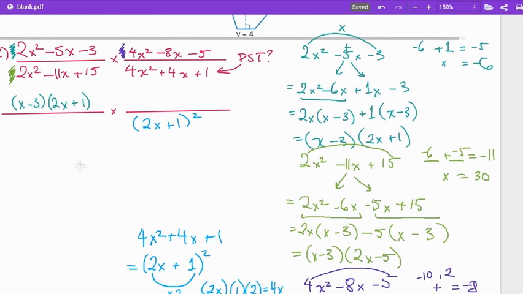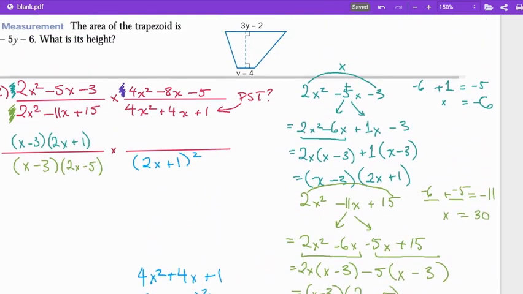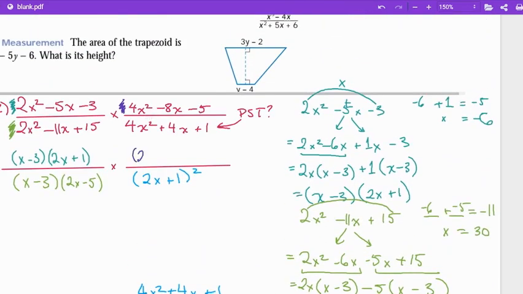Okay, the green is going to be x minus 3, 2x minus 5. And then this term gets us to 2x minus 5, 2x plus 1. So really driving home the importance of factoring, right?